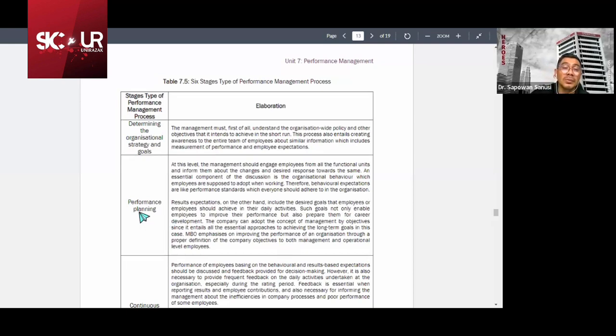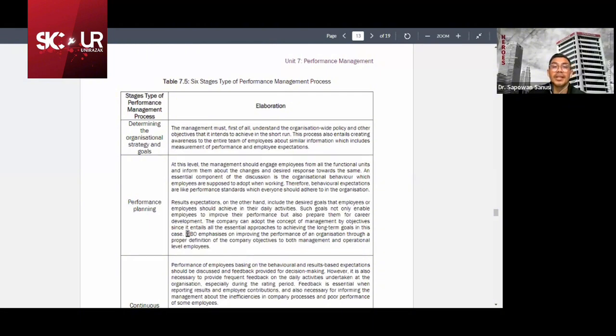This is on looking at the performance, not only the individual, as I said, yang atas tadi, it goes to person, it goes to the group, it goes to the company itself, because the company can adopt the concept management by objective since it's entitled to a social approach to achieve a long-term goal in this case.